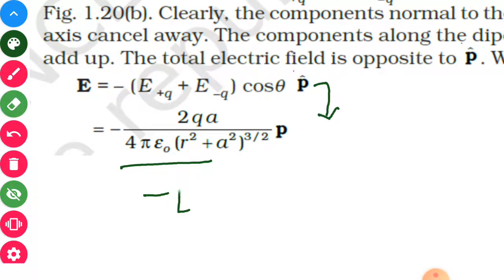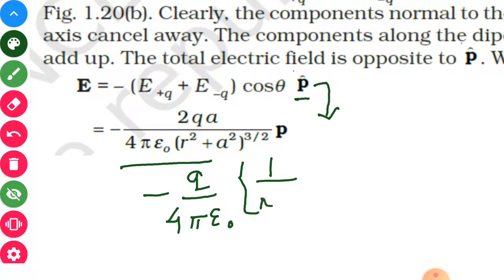First of all, the magnitude you want to write, minus is already there because of this P cap, because the direction of the electric field is opposite to the dipole moment. So minus, then we take common Q upon 4 pi epsilon 0. Then we had 1 upon r square plus a square, but that will come twice, so this is multiplied by 2. So these values are written.